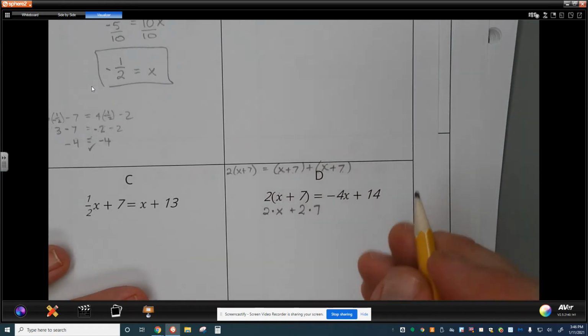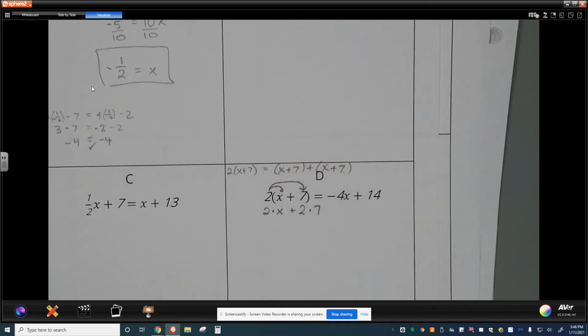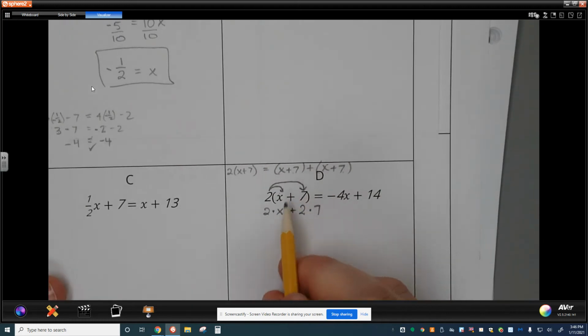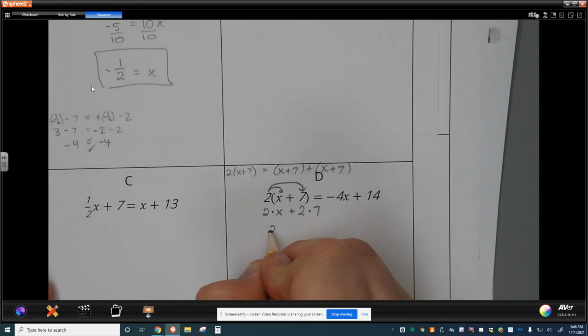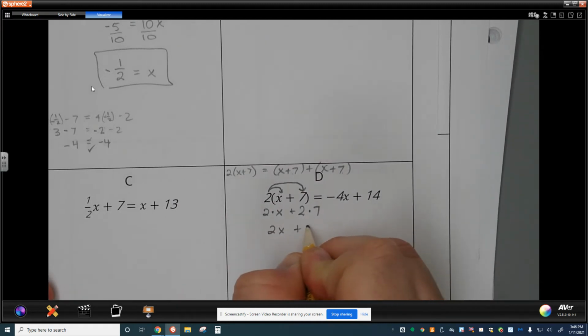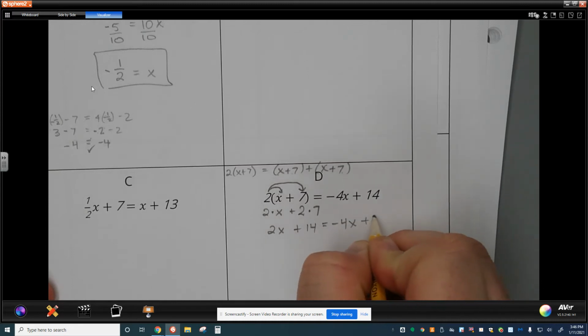To distribute these values, you might see a teacher draw a line that says 2 times x and 2 times 7. I want you to know that those arrows mean multiply because we're talking about grouping those pieces. So we get 2 times x plus 14 is equal to a minus 4x plus 14.